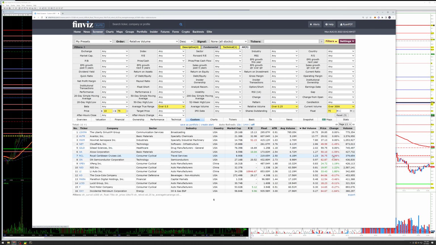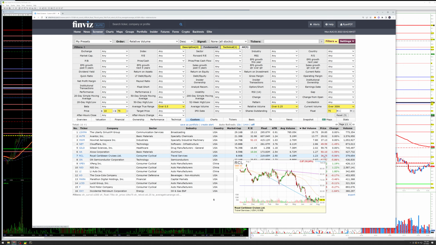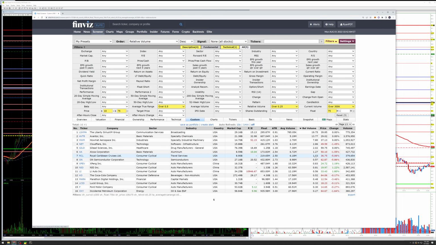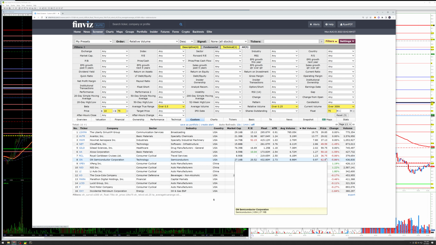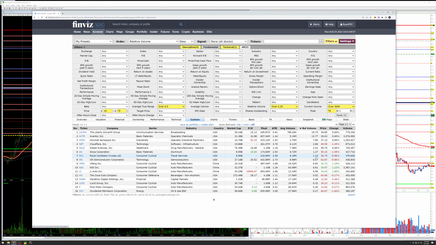I prefer to trade stocks that either gap up 3% or gap down 3%. So RCL is the one that I like. You can see the RVOL is above 1, it's up 5%, and the volume is about 300,000. So that's pretty good, right? So RCL, ON, there's nothing else. They're all below 1 RVOL.